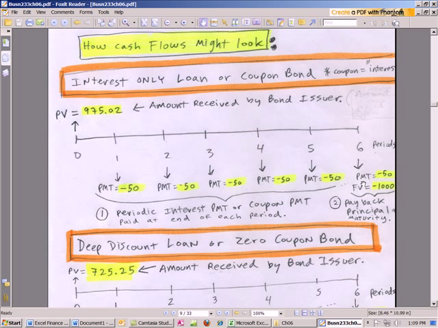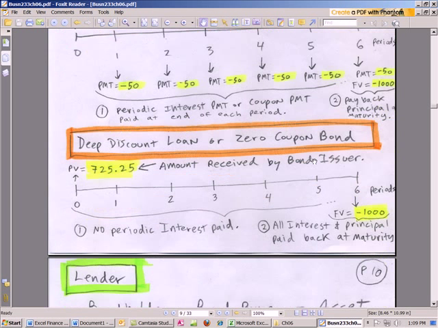All these cash flows out over time, and this is the amount that the corporation or government gets right now, the amount they get to take in and then use for whatever they want. Now again, bonds are going to pay some rate. In this case, they're paying 10% in this example. But they're going to use the money and hopefully earn 15 or 20%. All right, this is interest-only, but there's a second kind.